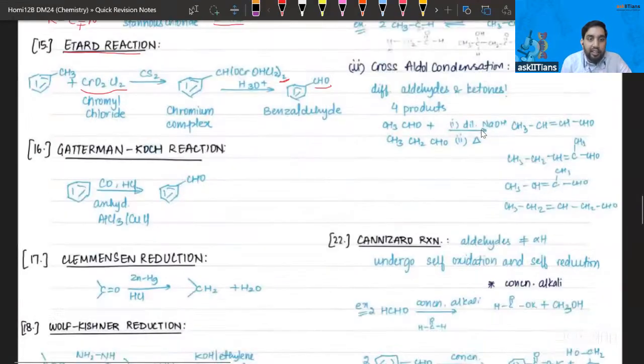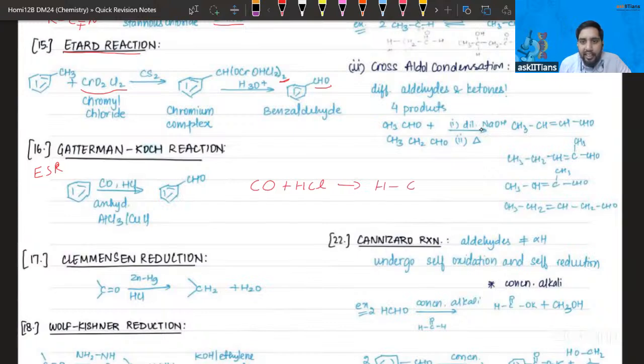This is the Gattermann-Koch reaction. This is also a very important and interesting reaction. It is also an example of an electrophilic substitution reaction, basically related to acylation. How? You know carbon monoxide CO and HCl. When CO and HCl react, they form HC double bond OCl. This compound is known as formyl chloride.